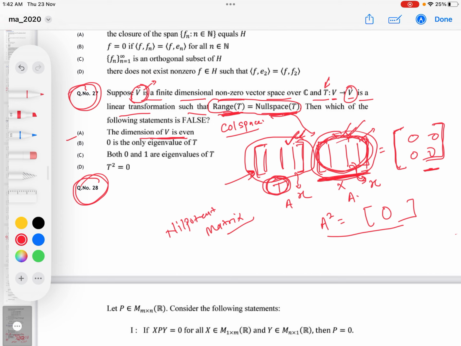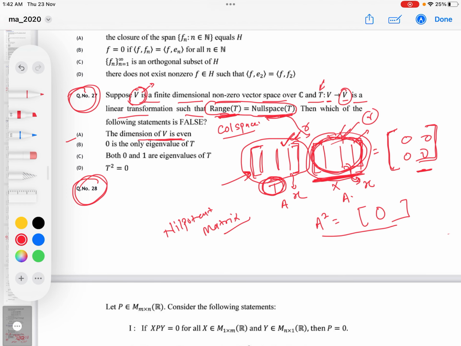Let's suppose the dimension of this matrix is r, then the null space will also have dimension r. If we add up these two dimensions, it should equal the total dimension of the space.